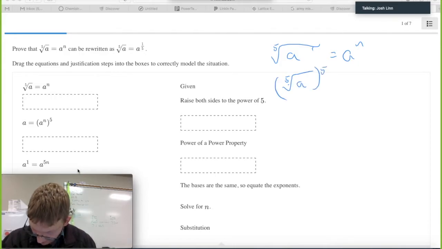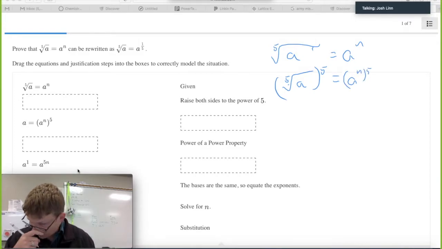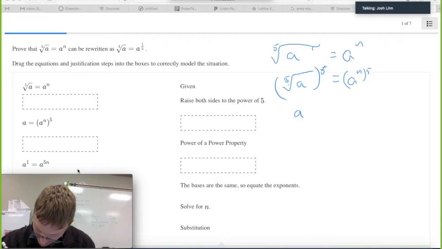The fifth root of a, to the power of 5, equals a to the n, to the power of 5. Using our exponent rules, this cancels out with that, so then we just have a left over. And again, our exponent rules, those just get multiplied together. So then we have a to the 5n.